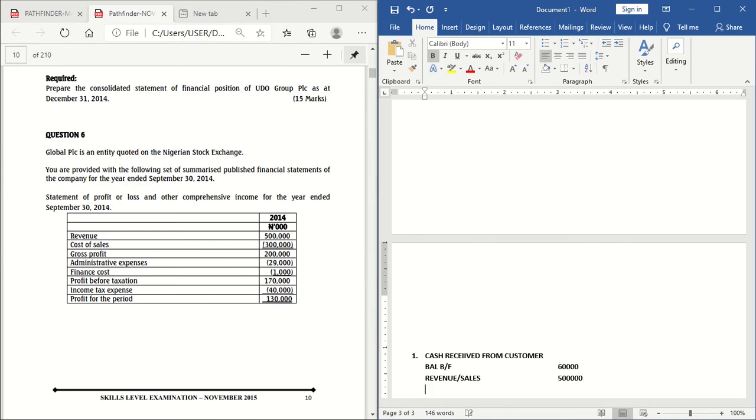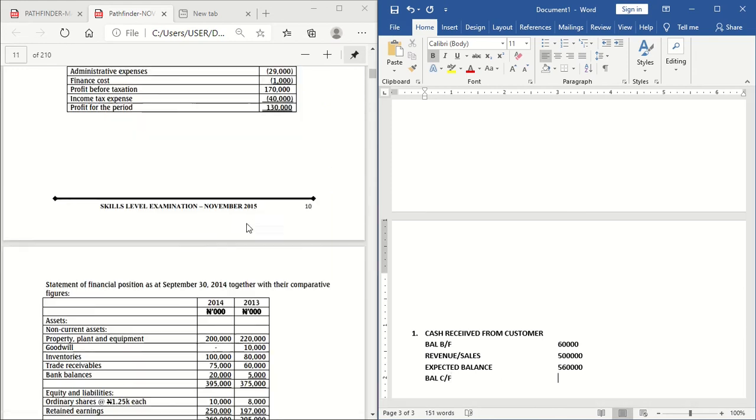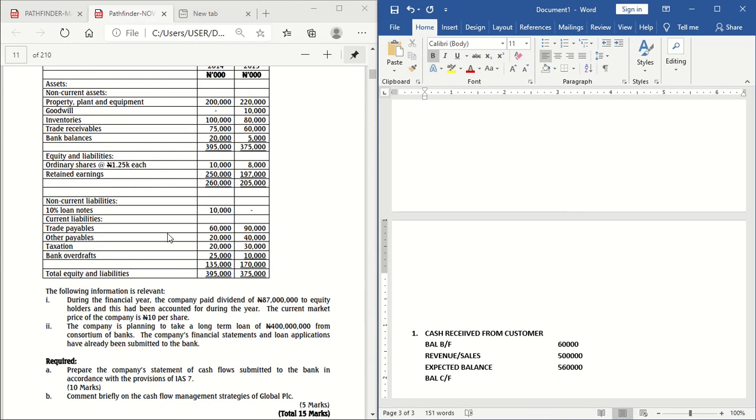So which means that the expected balance at the end of the year is expected to be 560,000. If I'm expecting 560, what is the actual balance? Balance carried forward, the actual balance I get here, according to my statement of financial position, is actually 75,000.